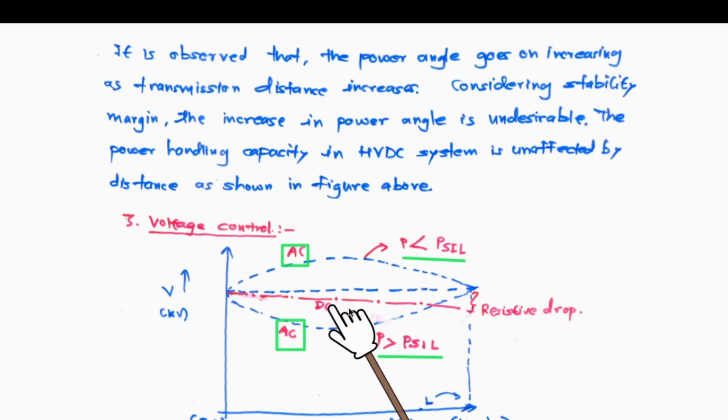Let us say the total distance is 300 kilometers; at around 150 kilometers, if we measure the voltage profile, the voltage will be increasing by 15 to 20% in the middle of the line.